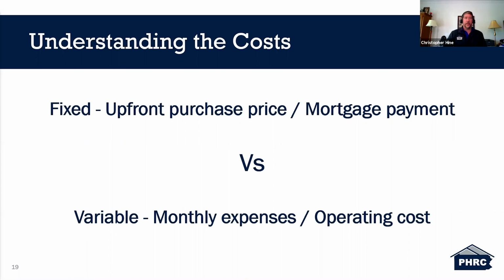That's not going to change over 30 years. And then we have our variable monthly expense. That's our operating cost. That's going to change depending on how much energy you use, how much electricity you use, how much water you use, okay? So that changes. That's a variable that both the occupant and the builder can help reduce.